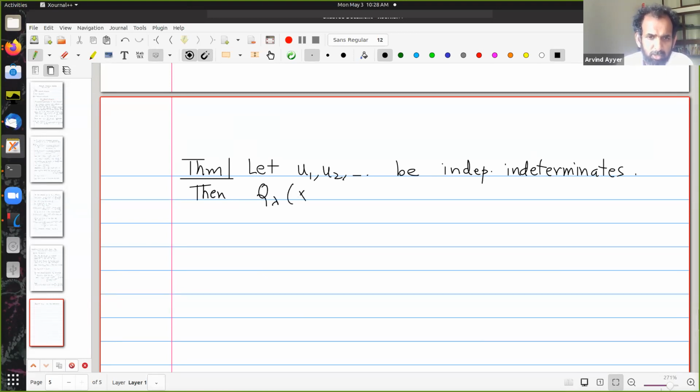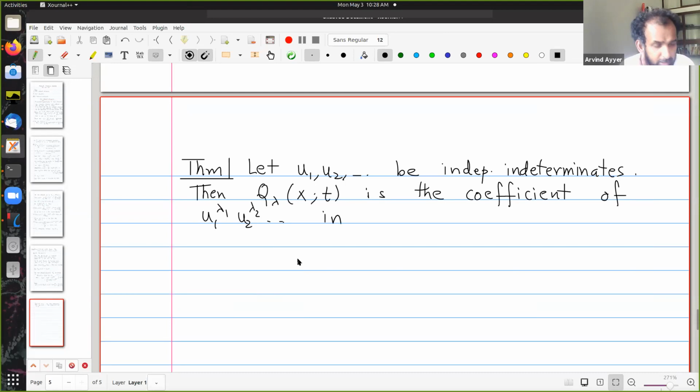Q lambda of x, t is the coefficient of u1 to the lambda 1, u2 to the lambda 2, etc., in the following product formula.